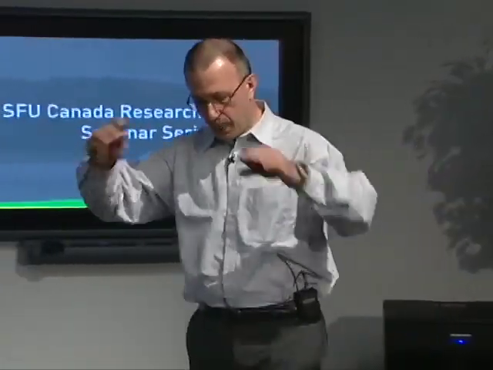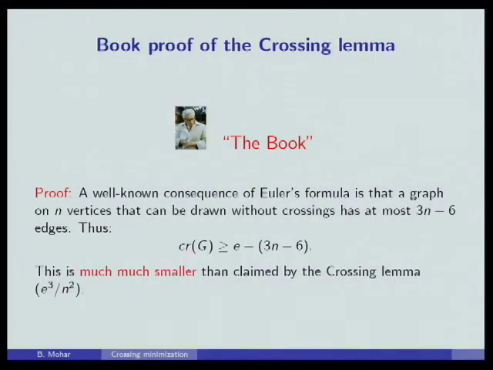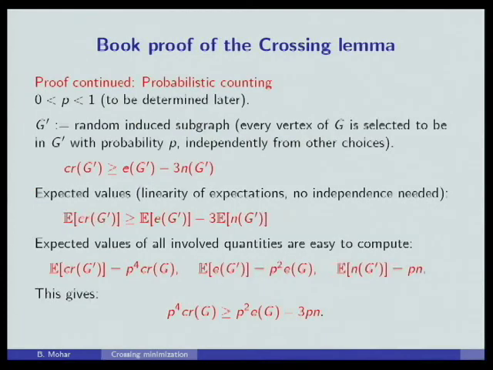If you have a graph on n vertices and no crossings, then it has only about 3n edges, not too many. So if you have more than these edges, take your optimal drawing, and there is at least one edge which is crossing. Remove that edge. You still have many edges left, so there is still a crossing. You remove that edge, and so on. It turns out that the number of crossings is at least e minus 3n. So that's an easy formula, but this is far from what we try to prove. This is linear in e, not cubic. We want e cubed.